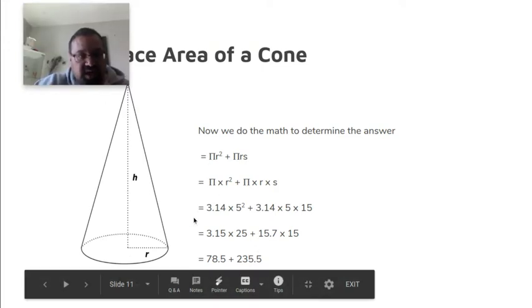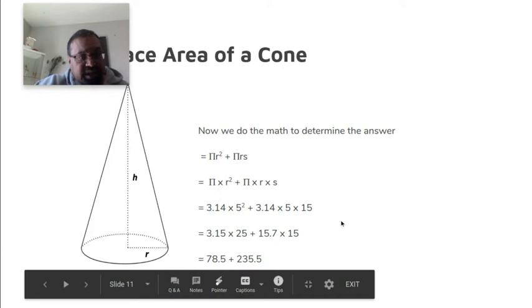So calculating through, 3.14 times 25, since 5 squared is 25. 3.14 times 5 is 15.7. We'll bring down the 15. 3.14 times 25 is going to give you 78.5, and 15.7 times 15 is going to give you 235.